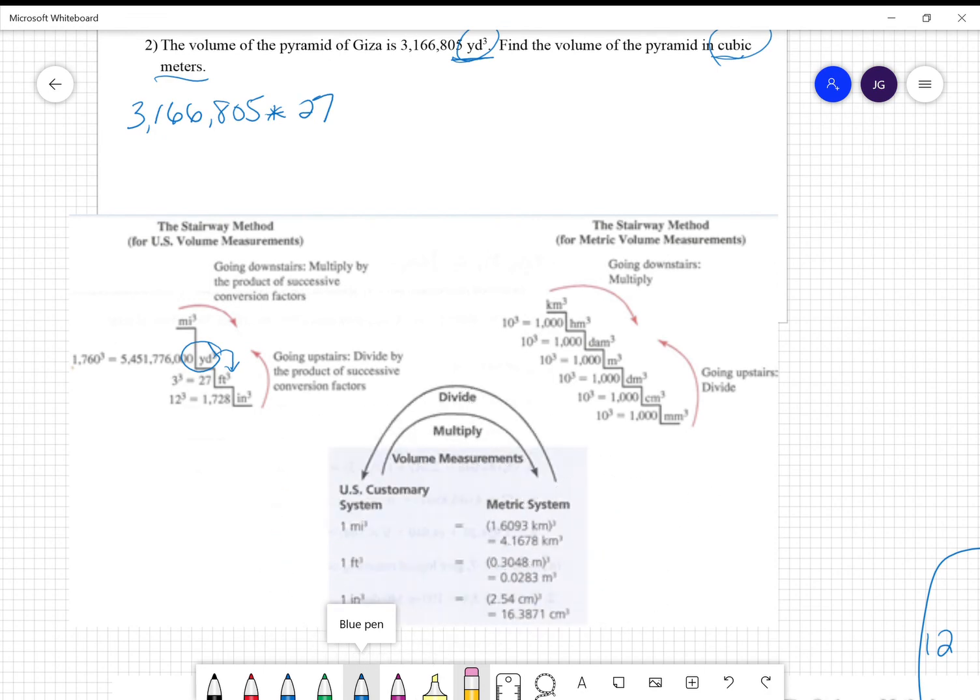Let me do this in green. It's a little easier to see because the table is pretty blue. I'm at cubic feet. I'm going to go to cubic meters.